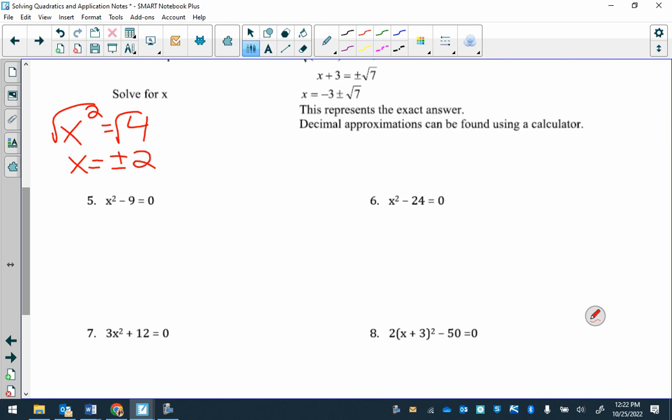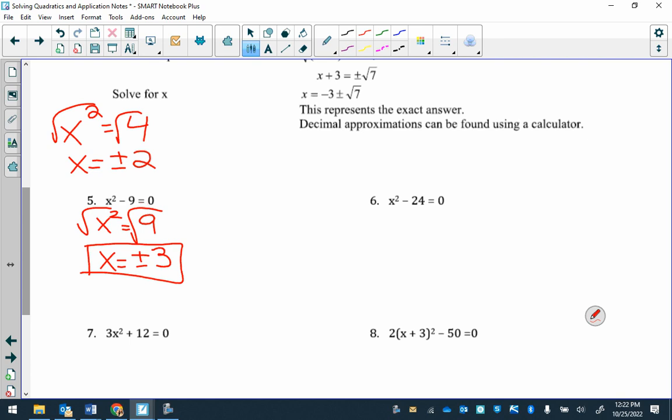Okay? So this first one for number 5, we're solving by square roots, not by factoring. What do you have to do first? Yeah, Lucy. Add 9. Then what? Plus or minus 3. Good.